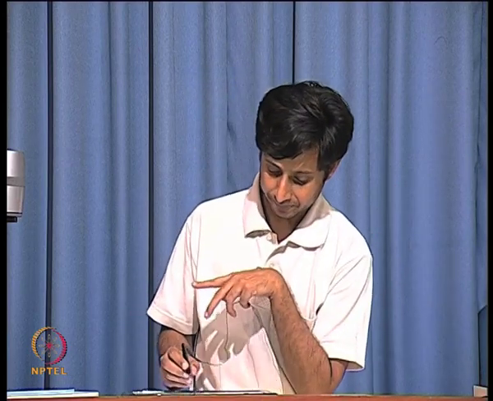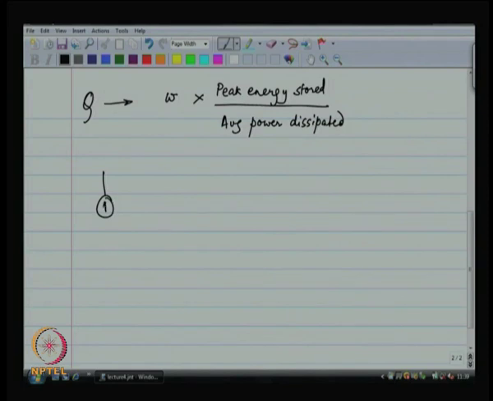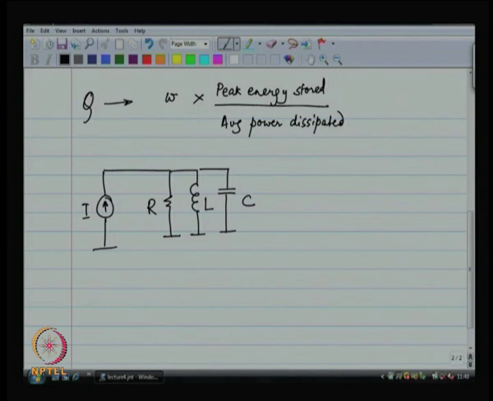So, this is the definition of my quality factor, and then we had briefly analyzed two circuits, the series and the parallel RLC networks. We first looked at the parallel RLC network. I pushed in a current of I and observed the voltage across the resistor.